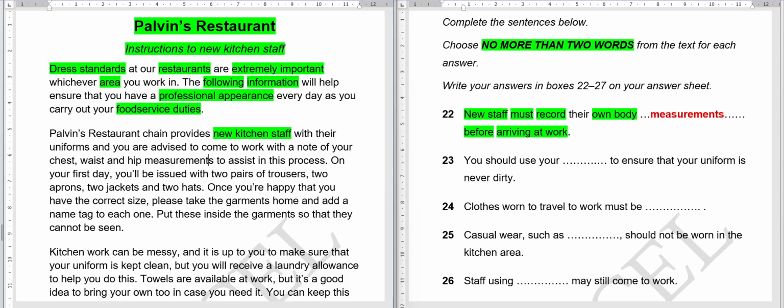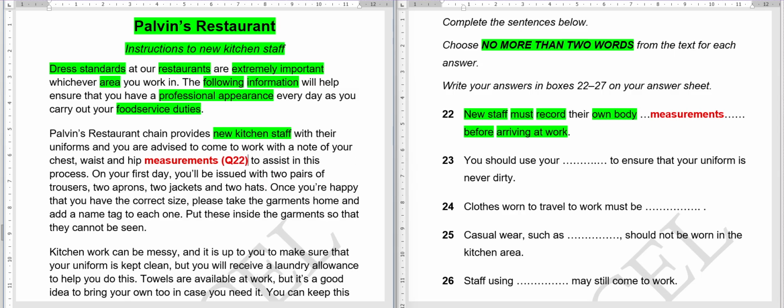If not, don't worry. I will tell you why this is our answer. Let me mark the location here first. Here they're saying that new staff must record their own body something. For their own body, they have paraphrased the body into different forms.